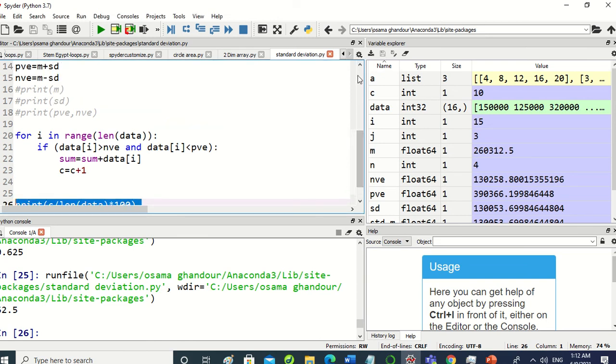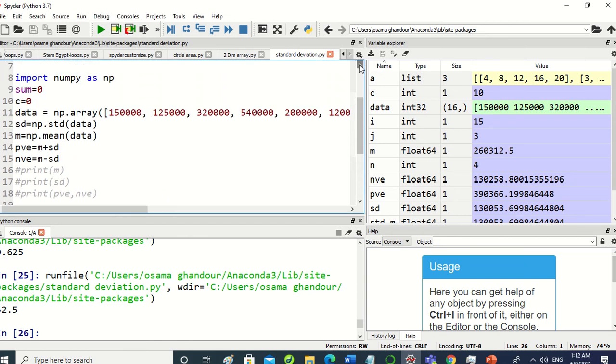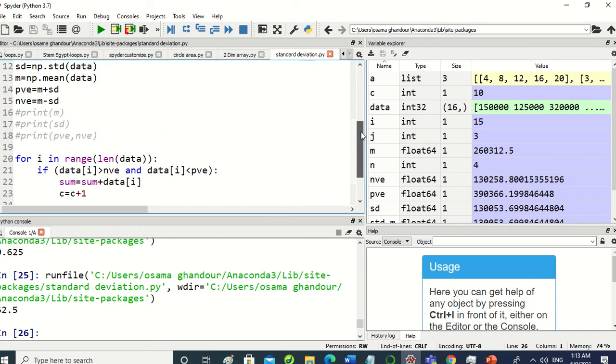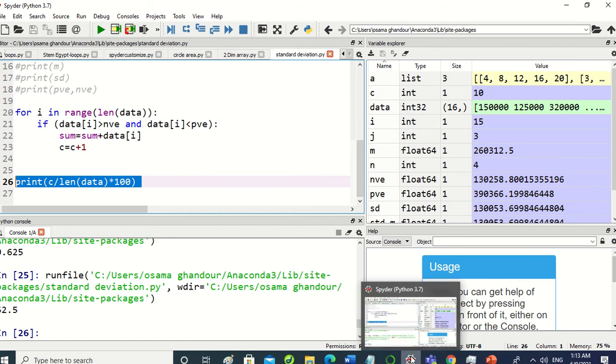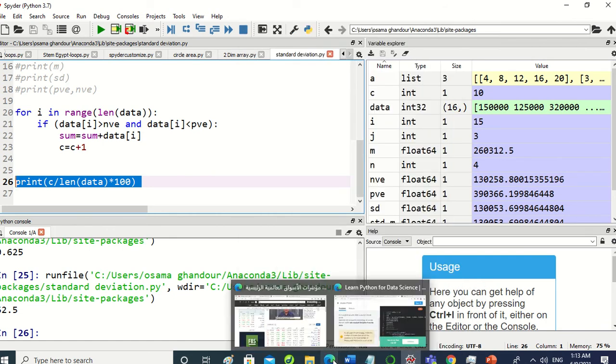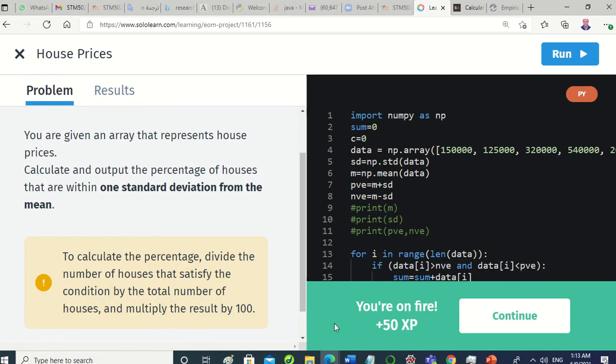Okay, so first let's make an analysis for the problem. We need to calculate the output, which is the percentage of houses that are within one standard deviation from the mean.